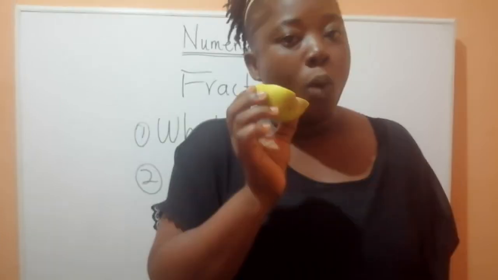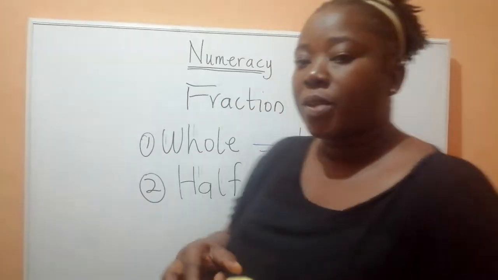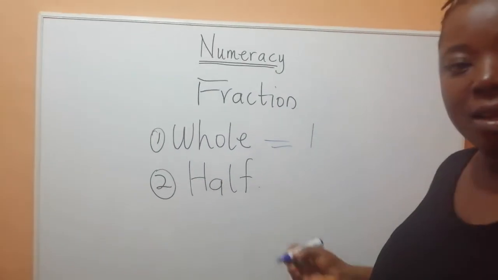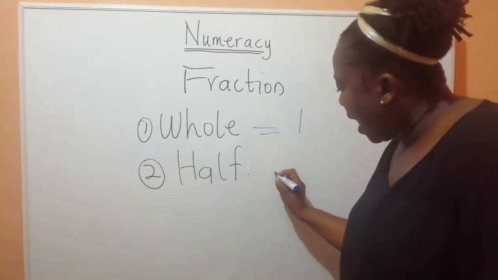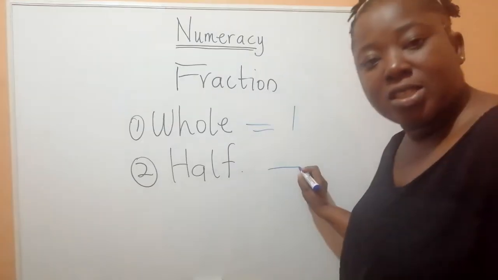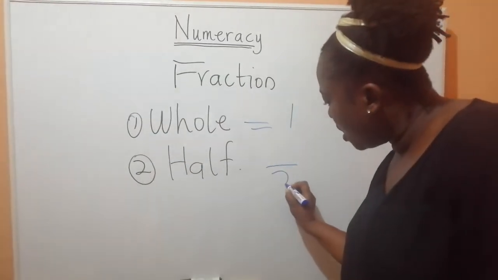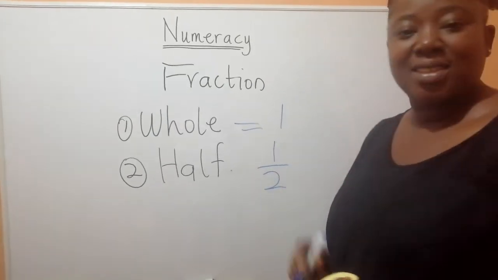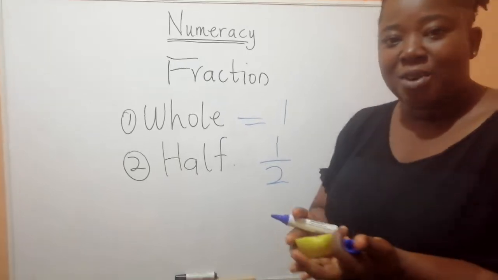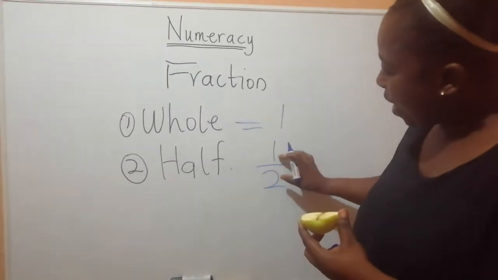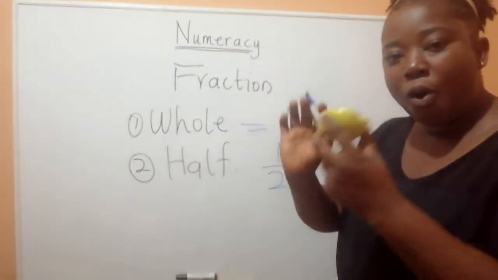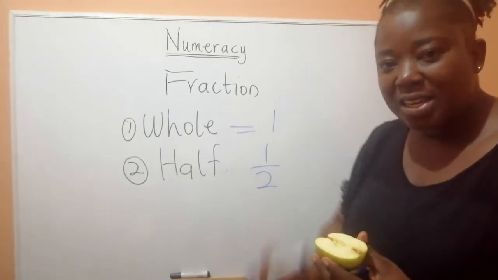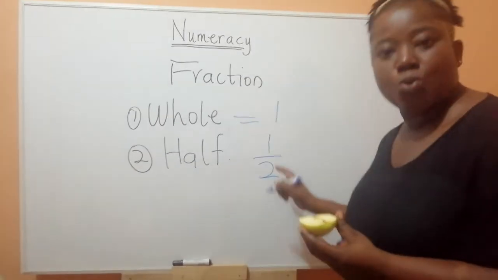So for me to show that I have taken 1 part of the fruit, I'm going to write it that I divided the fruit into 2 equal parts and I took 1. So I took 1 part of the whole orange that was divided into 2.